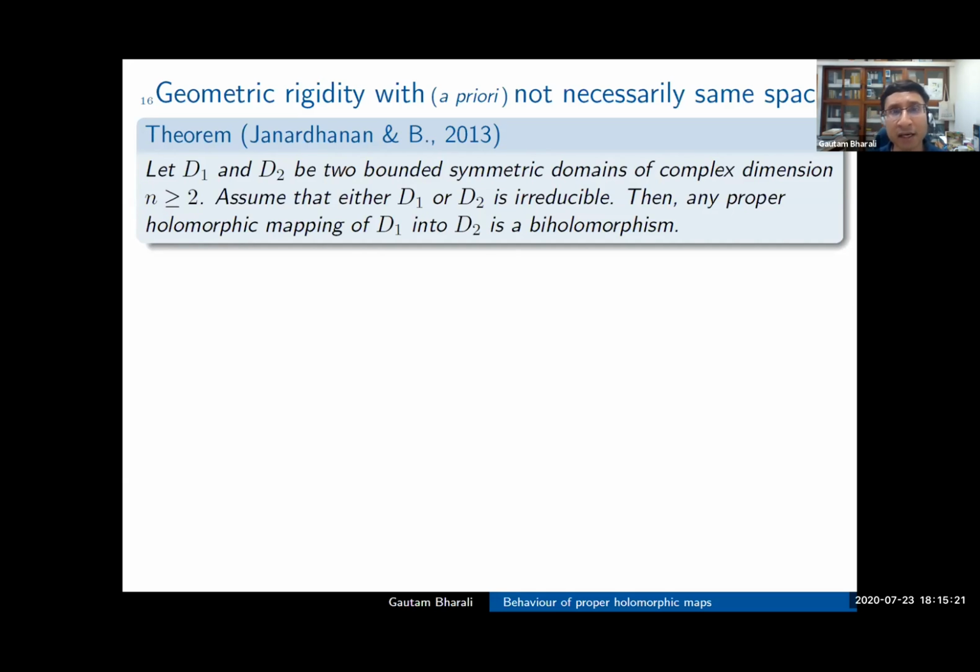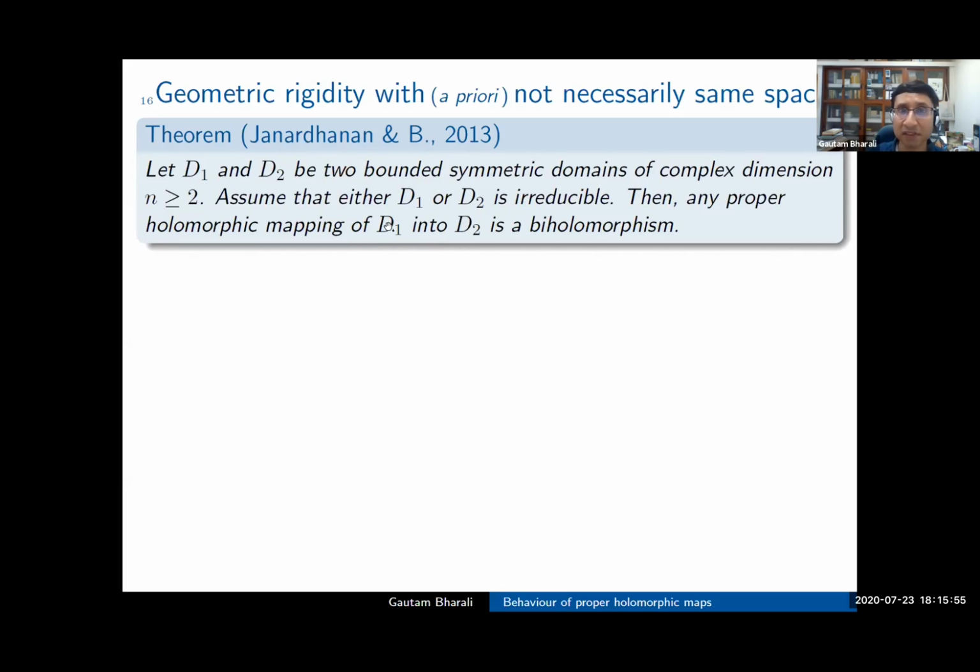Assume also that either D1 or D2 is irreducible. Then the result states that in fact D1 and D2 are biholomorphic to each other, and if there is any proper holomorphic mapping from D1 to D2, then that proper holomorphic map is a biholomorphism.